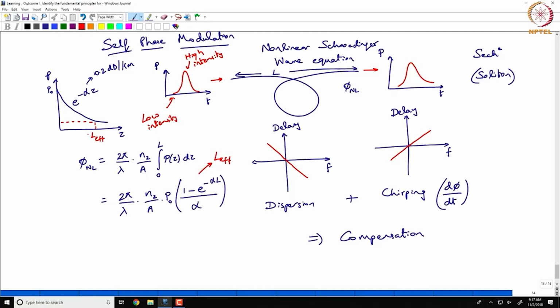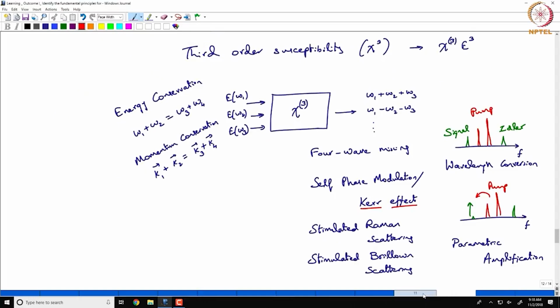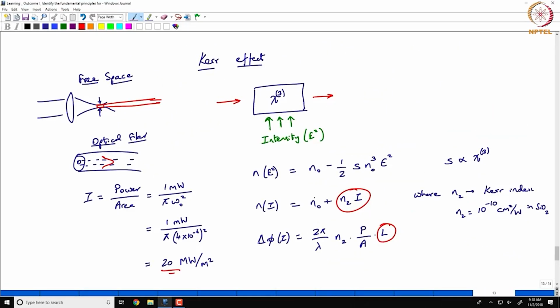The intensity is so low that you accumulate only the phase due to this n naught term. You don't have this n2 I term come into the picture because that is negligible compared to n naught. You understand this?